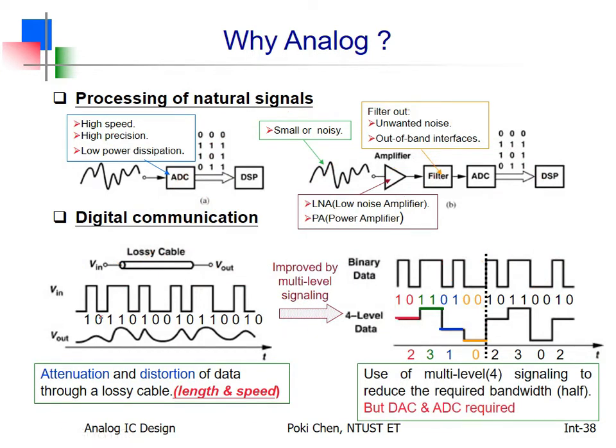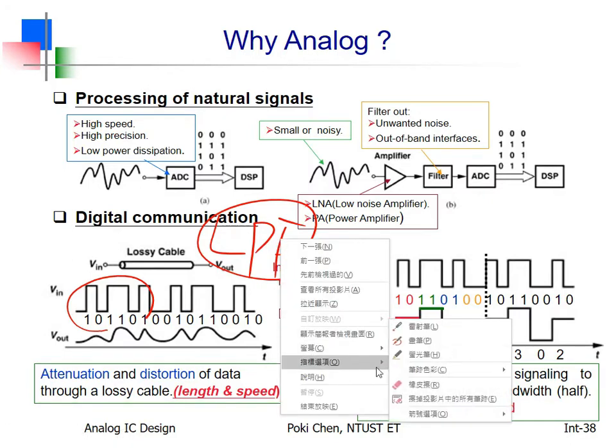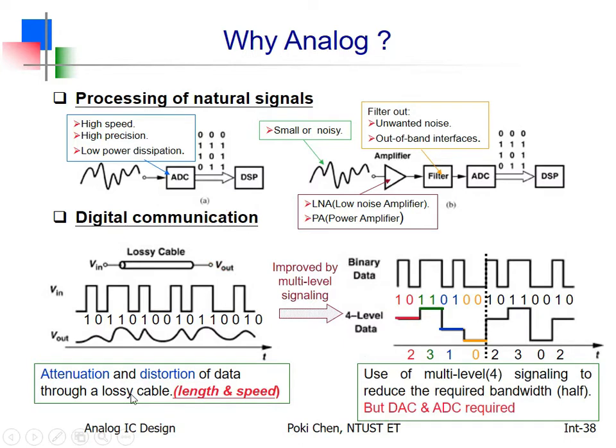If you transmit 1s and 0s directly to such a lossy cable, what's the consequence? Because it is a kind of low pass filter, the high frequency portion will be smoothed, will be filtered. Maybe if you are curious, what is the high frequency portion and what is the low frequency portion of the digital signal?